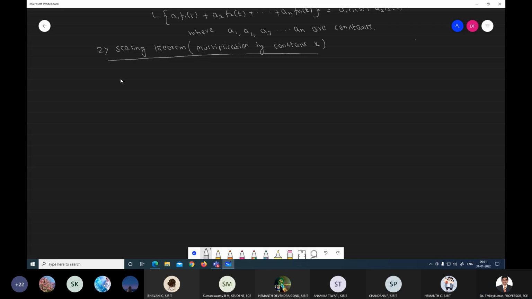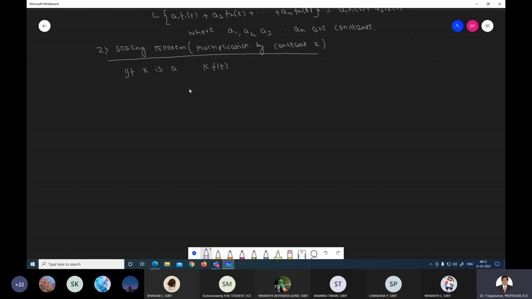Note down. If k is a constant, then the Laplace transform of k into f(t) is given as k times the Laplace transform of f(t).